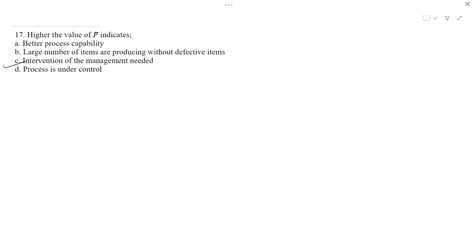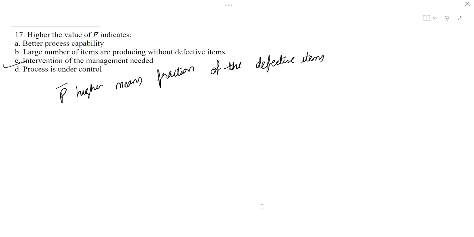So what happens in this case is, a higher value of P bar means the fraction of defective items is increasing.